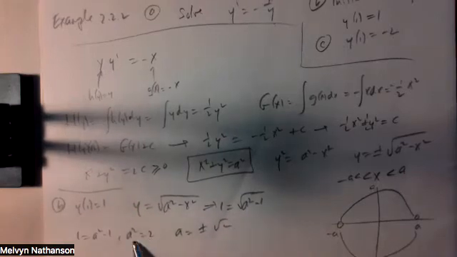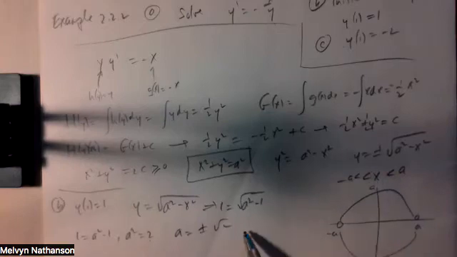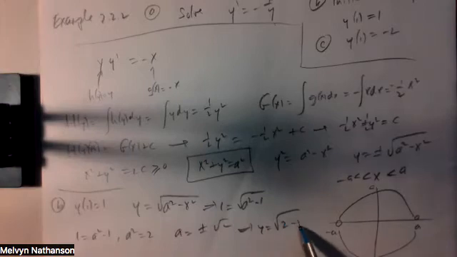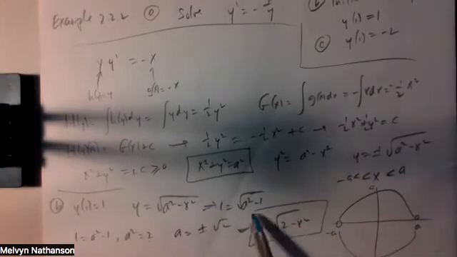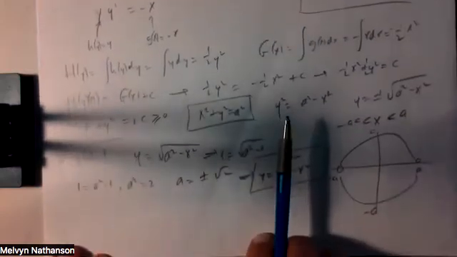But because all you need is a squared equals 2, y is the square root of 2 minus x squared. That's the unique solution of the differential equation that satisfies the initial condition y of 1 equals 1.